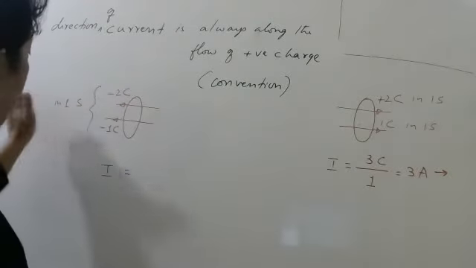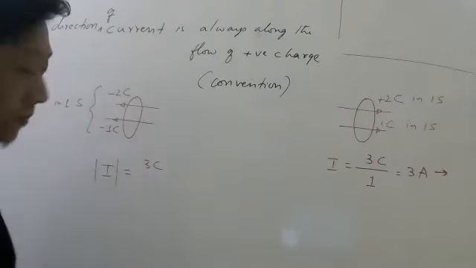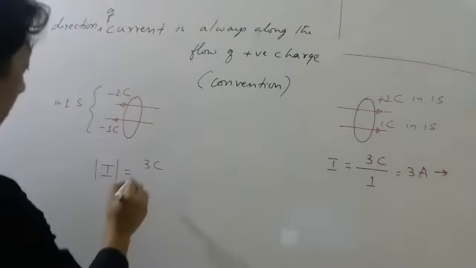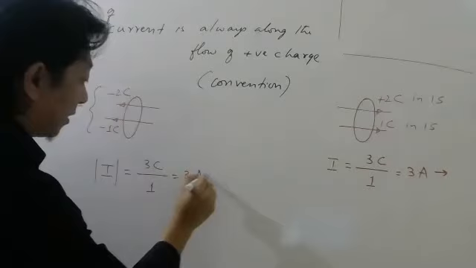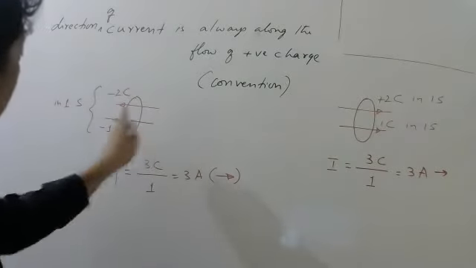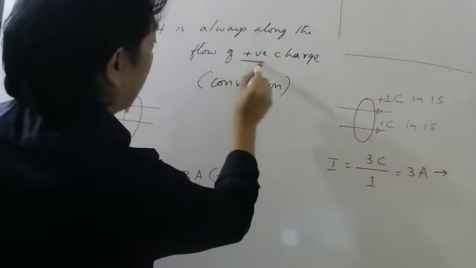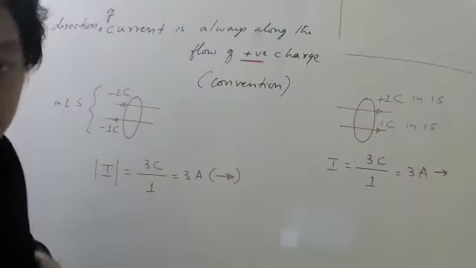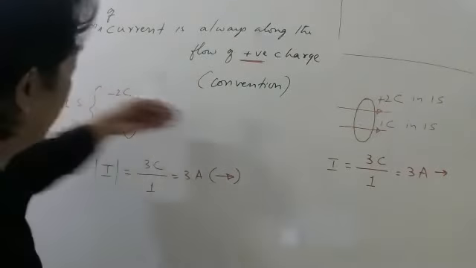Total charge passing is 2 coulomb and 1 coulomb, so the magnitude will be 3 coulomb. Time taken is 1 second. So current will be 3 ampere, but the direction will be this side, not this side. Why? Because current is taken in the direction of flow of positive charges. Understood? So if negative charges are going here, we will take current here.